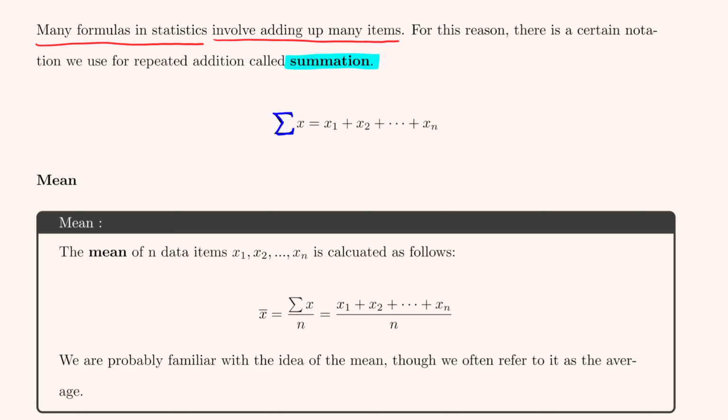So what you can see here on the right side of this equation is we are adding up all the values x sub 1 plus x sub 2 plus next would come x sub 3 all the way up to x sub n. So here the subscripts, the things written in the bottom right corner of the letters, are indicating the order of the data item in the list.